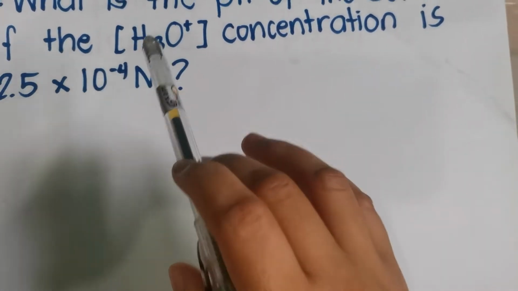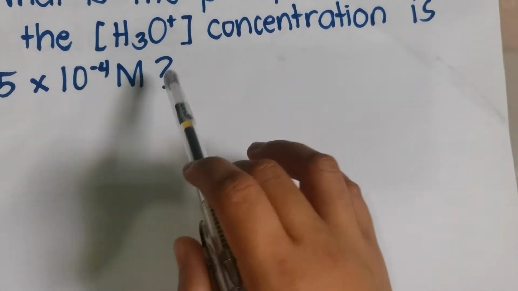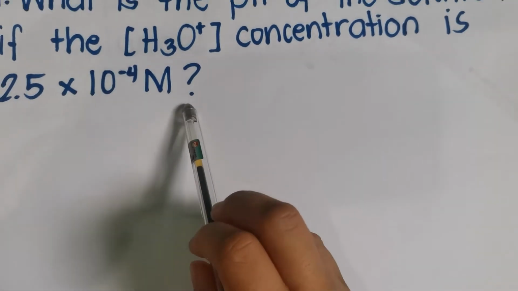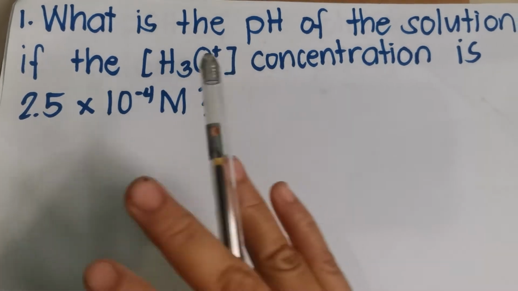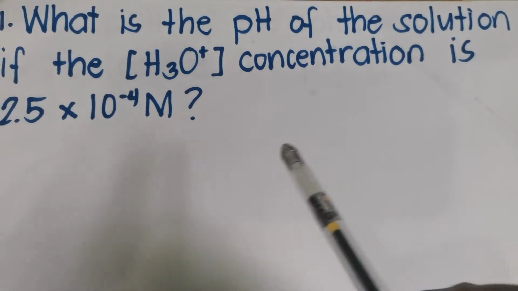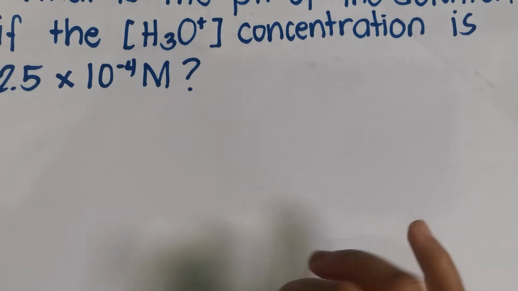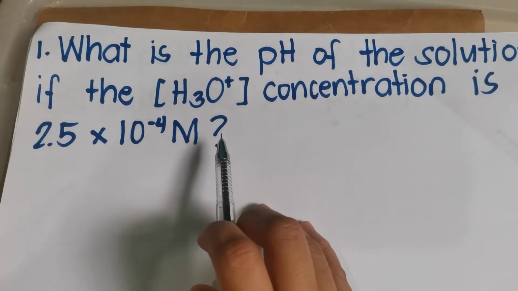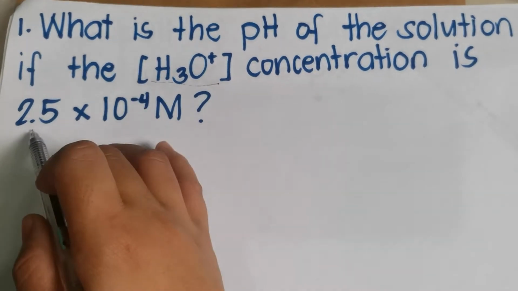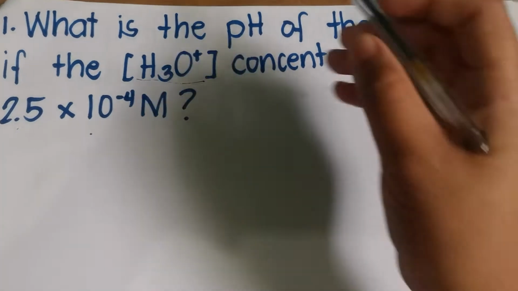Remember, the unit that we always use in solving pH concentrations is molarity. After reading the problem, the next thing to do is identify the given and what we need to find. Here the given is H3O plus, 2.5 times 10 raised to negative 4 molarity, and we need to find the pH.